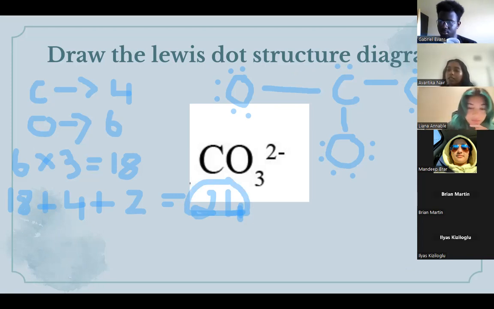Why did you start with 8 electrons for carbon if it only has 4 on the periodic table? So carbon does, that's the number of valence electrons, right? But is carbon happy with 4? What does the octet rule say?